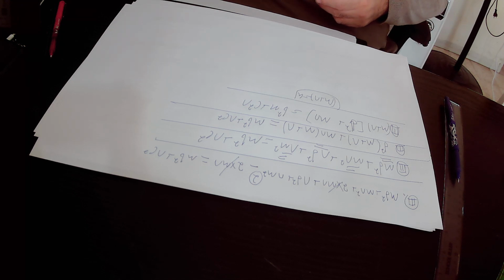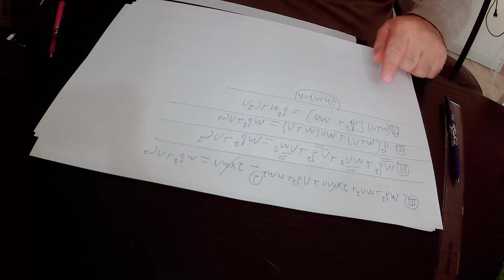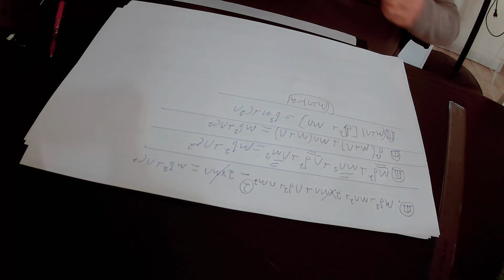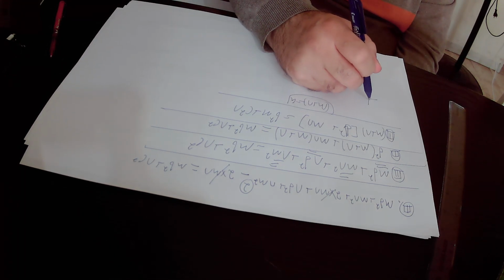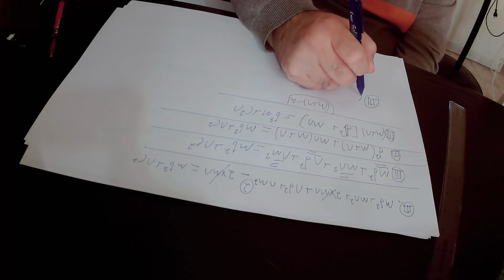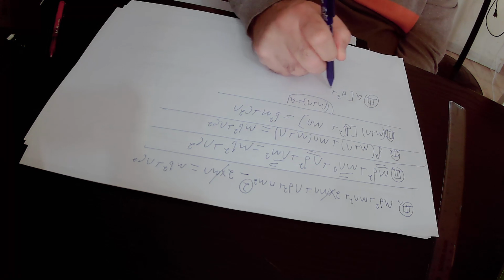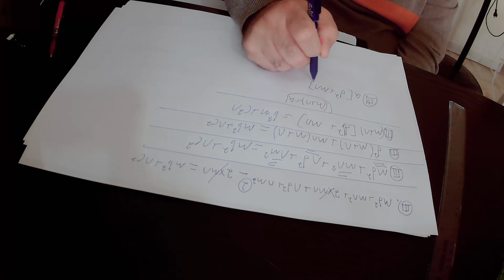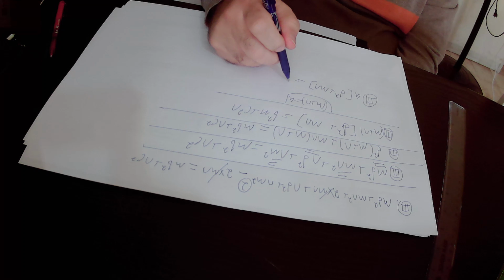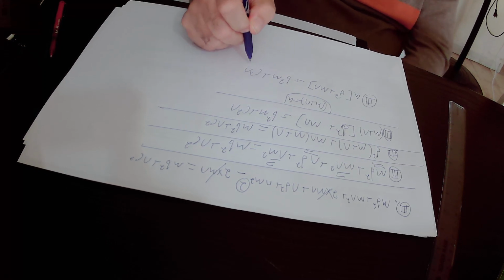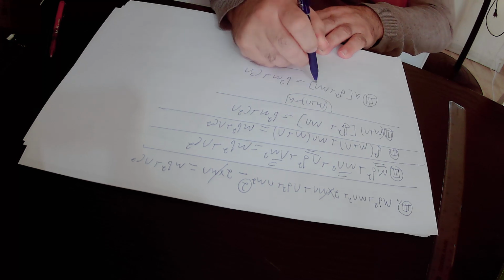So we substitute m plus n in equation number 3 by a, and we get that a times the brackets d squared plus mn equals b squared m plus c squared n.